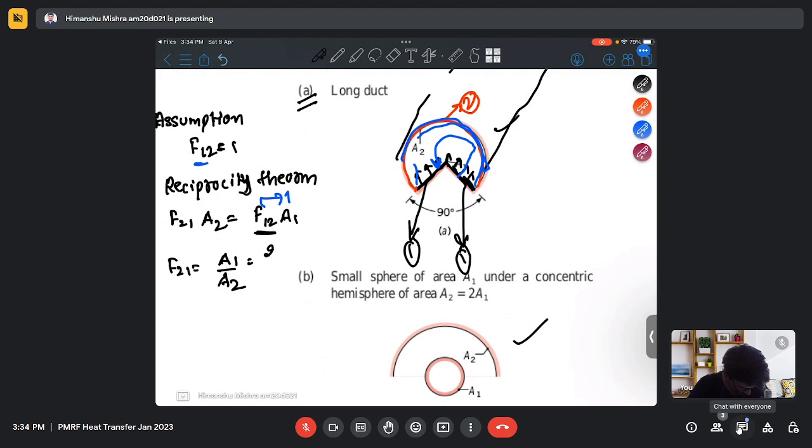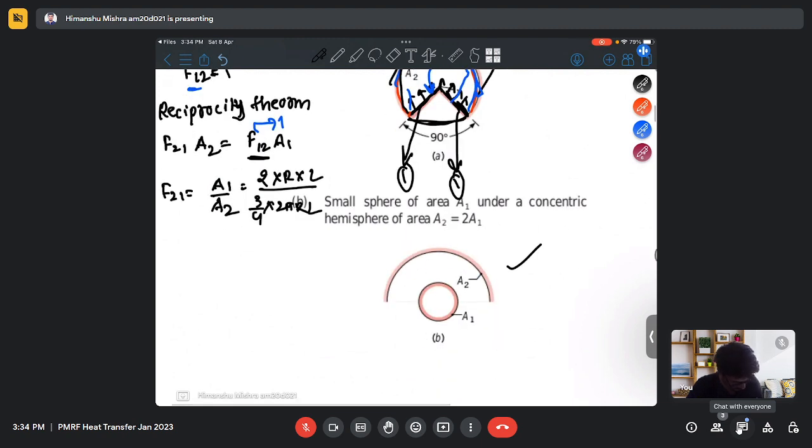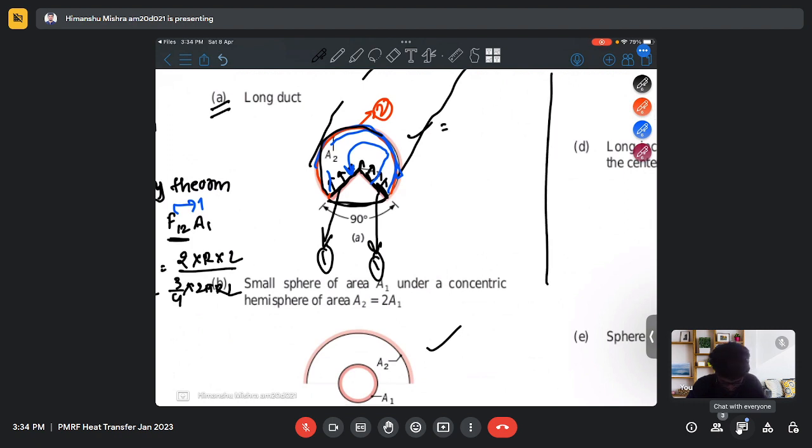So my A1 is 2 pi R L, and my surface area of A2 will be 3 by 4th, because this is a sector, right, of 90 degree. 3 by 4, 2 pi R L, which means it will be 2 by 6 by 4 pi, 8 by 6 pi, which is 4 by 3 pi, which is 0.42 something.